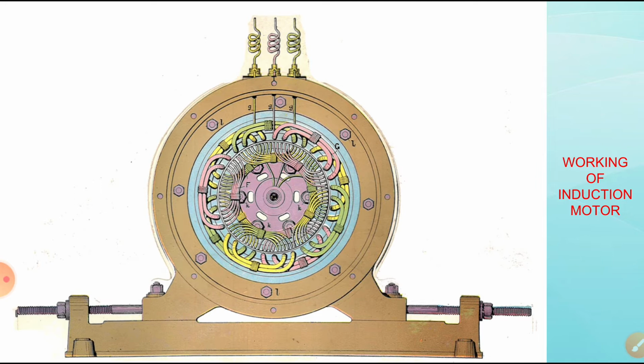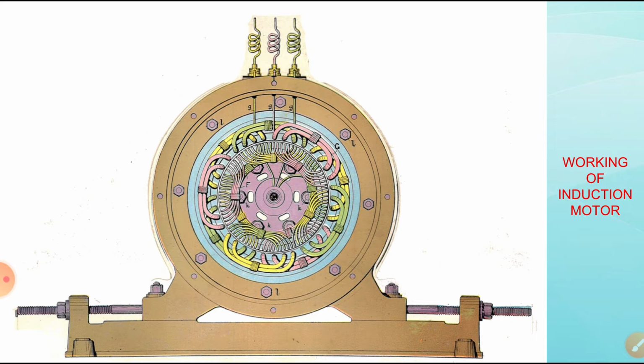In the previous class, we also covered how the rotating magnetic field is developed when a three-phase supply is given to our induction motor. We know that in a rotating magnetic field, the resultant flux is of constant magnitude, equal to 1.5 times the maximum value of the flux due to any phase in a three-phase supply.